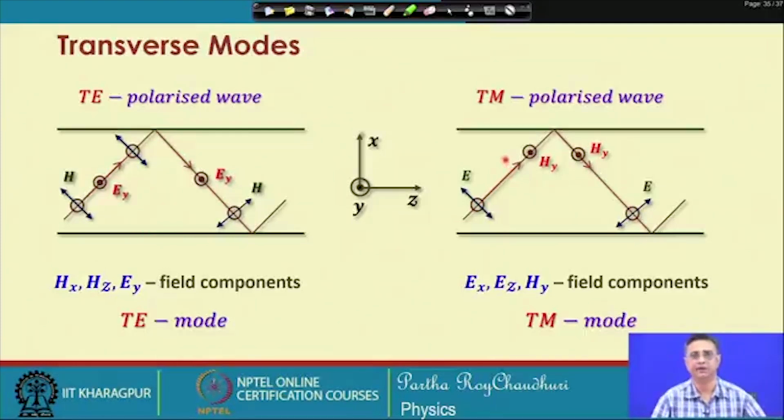And in the same way, when we look at this configuration, that is just the opposite, that is the electric field is now lying in the x z plane, but the magnetic field has only the tangential component, that is H y, and such a configuration will correspond to this TM polarized wave, and the mode which will be supported by the structure will be called TM modes.